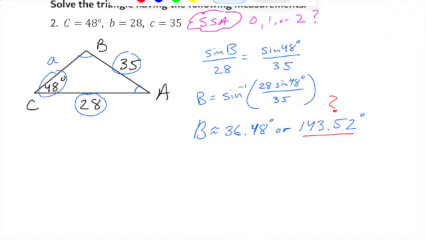So you look at this triangle, the measurements that are given here, could angle B be 143.52? You should be able to look at that, and the one existing angle we know is 48 degrees, and know that this is an impossible scenario. Because if you add these 2 angles together, they're going to be bigger than 180 already, and you won't have any left over for angle A. So this second possibility, while it makes sense, while it has this same value, it's not a possibility in this triangle.